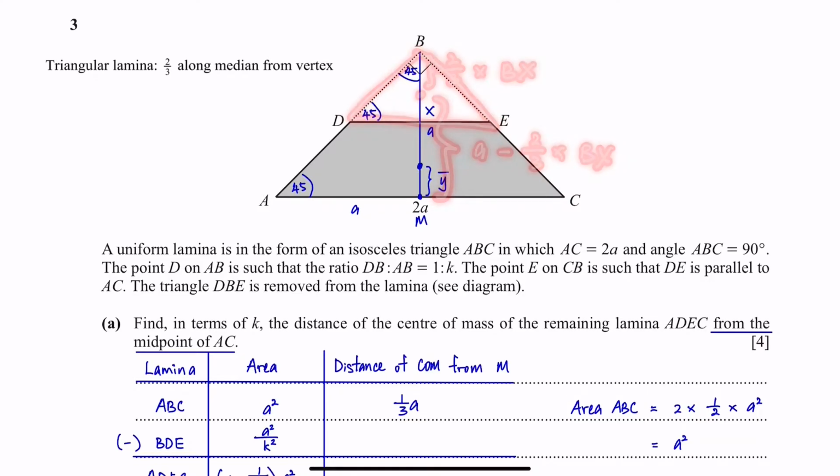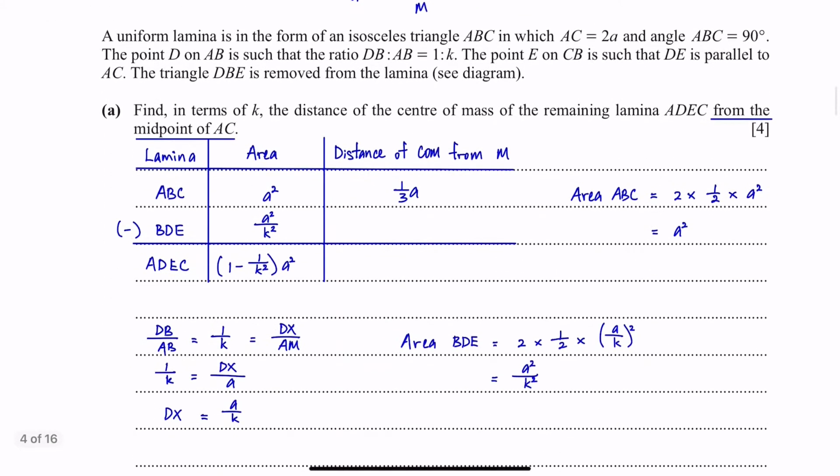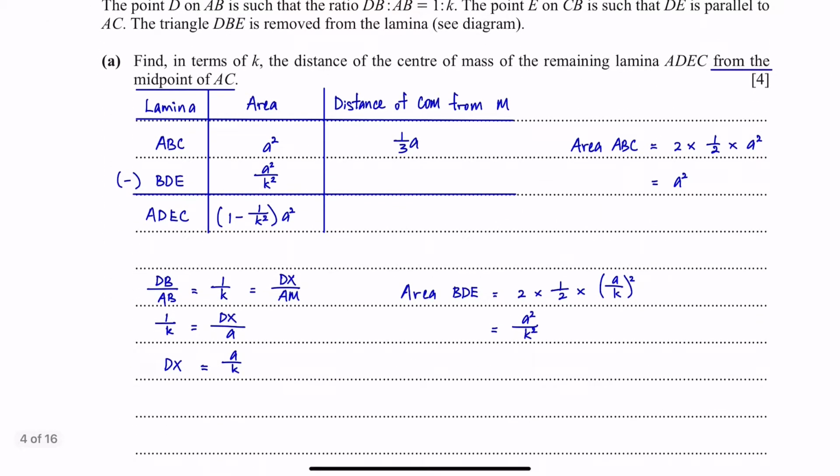Right? So BX, that's what we said just now, is A over K. So the distance of COM from M for BDE would be A minus 2/3 of A over K, which is 2A over 3K.